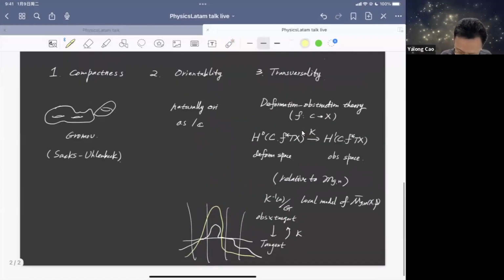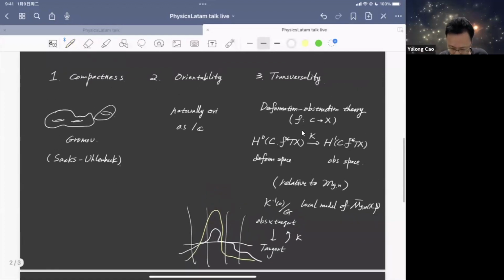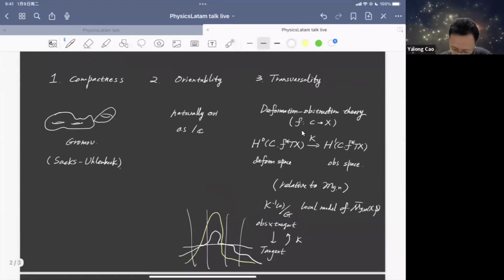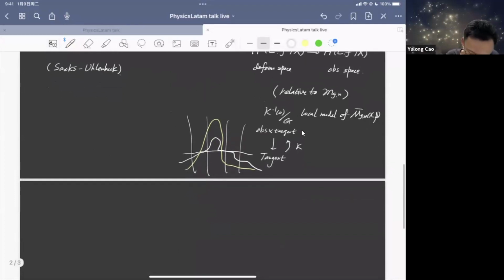Now, combining all this, let's deal with these three issues. What this construction ends up giving you is the so-called virtual fundamental class.